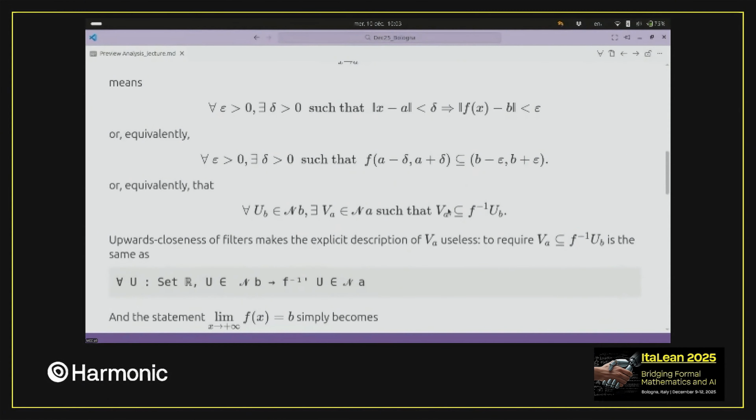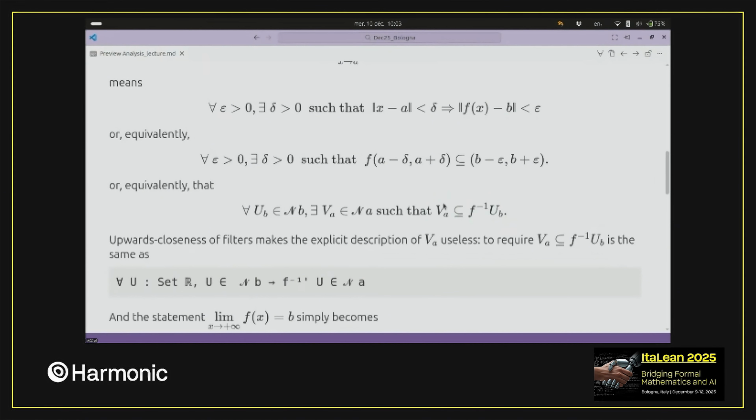around the point. And now comes the good news: this condition here, that V_a is contained in the preimage, is exactly the same thing as asking that f⁻¹(U_b) belongs to this collection of sets. Because filters are upwards closed, this filter N(a), the filter of neighborhoods, certainly contains V_a, because V_a is open itself.